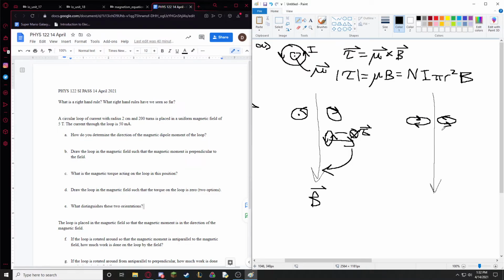For the first one, our loop is going around like this, and that would mean our magnetic moment would be coming straight down. And then this other one, where our magnetic moment is straight up. So why did you want them to be parallel to one another?